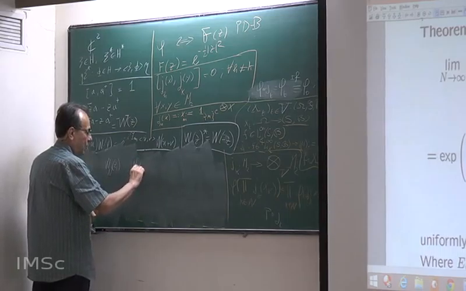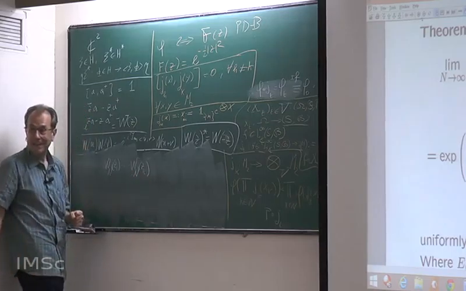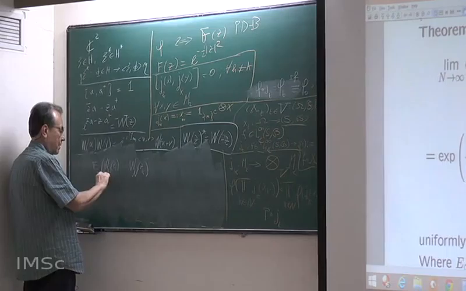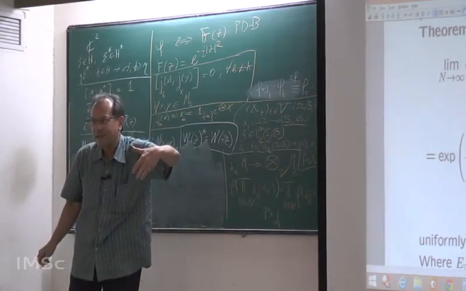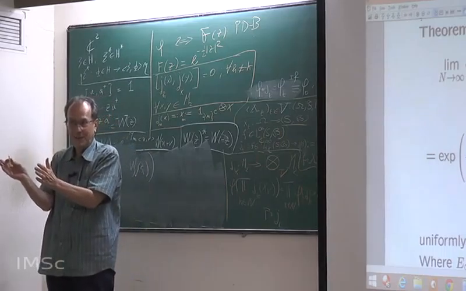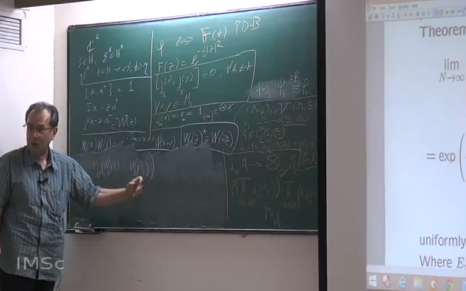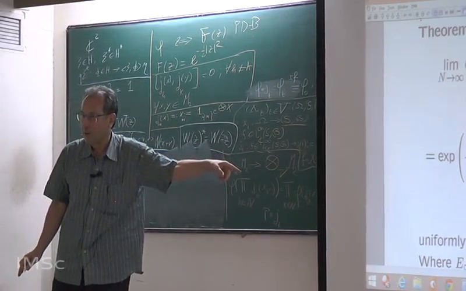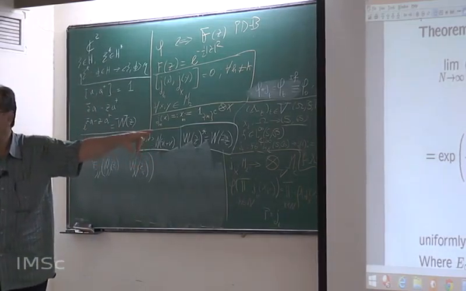What do I want to prove? I want to prove that for each k, this expectation value, in the state phi_n, remember n is my homogeneous product state, will converge. First of all, the first part of the central limit theorem, this will be convergence in distribution. Second, we want to explicitly identify the limit. And the limit, you see, is a quadratic form.